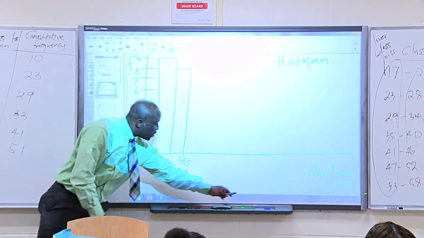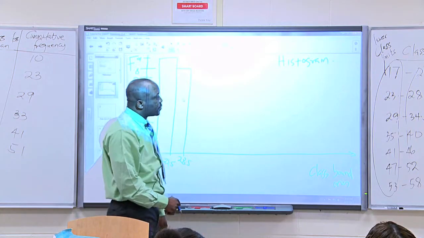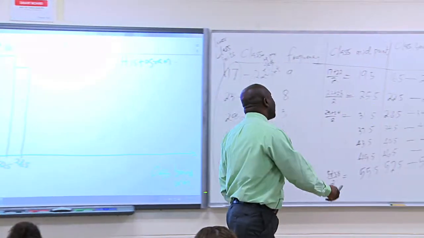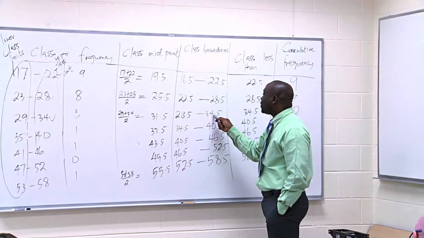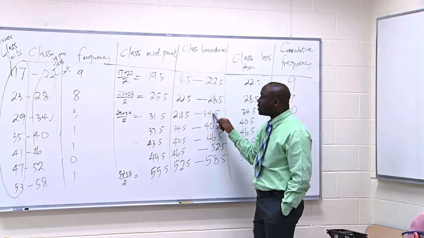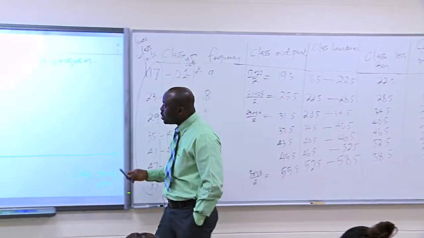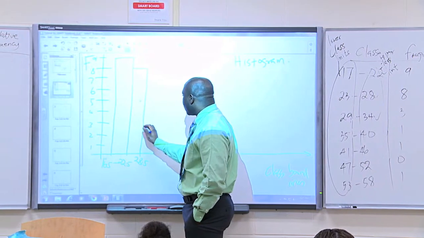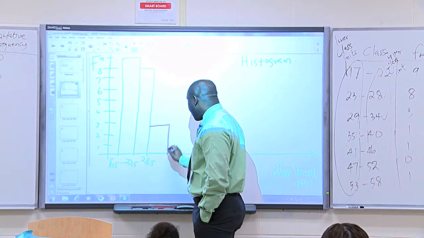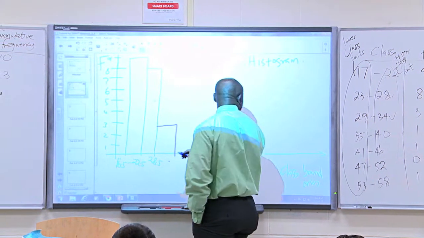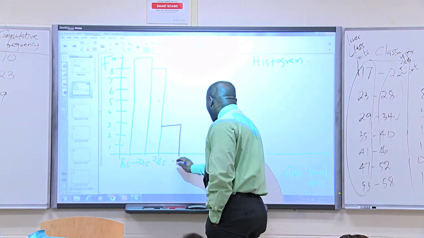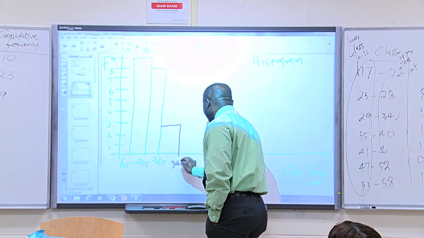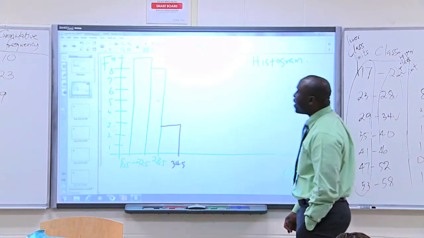Maybe I should use a different color. Next, 28.5 to 34.5. That is the class boundary. That corresponds to this 3. So this is going to be 3 down here, which is 34.5.